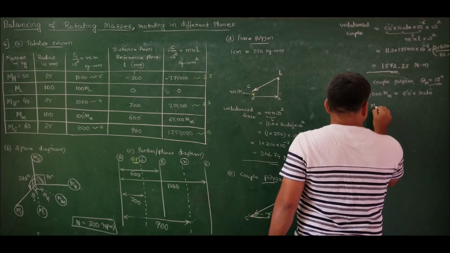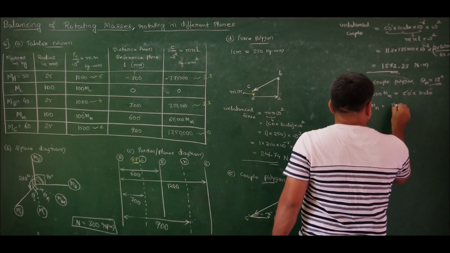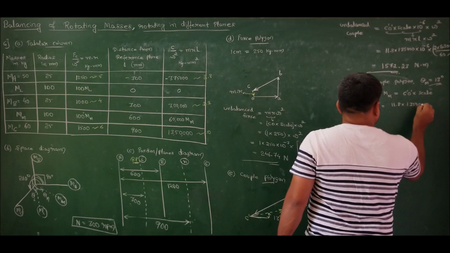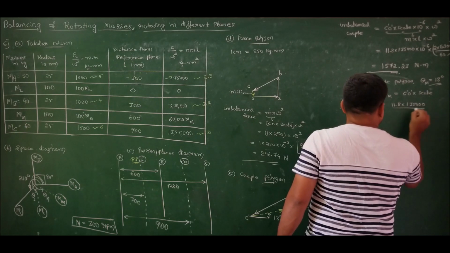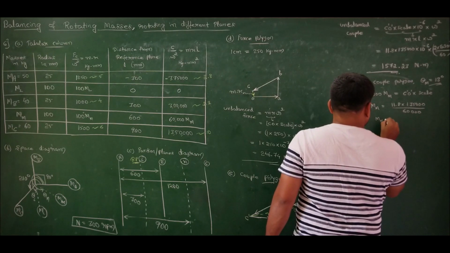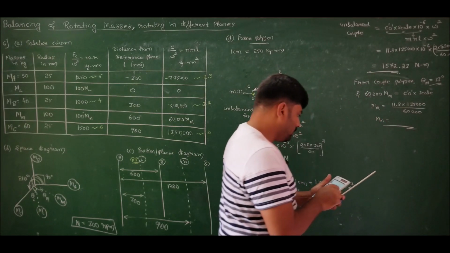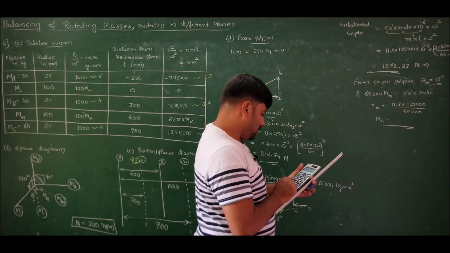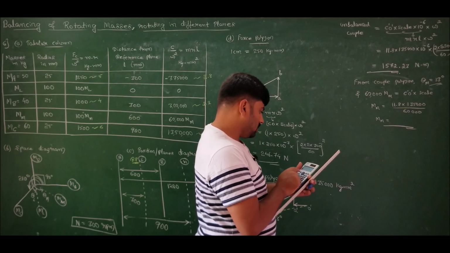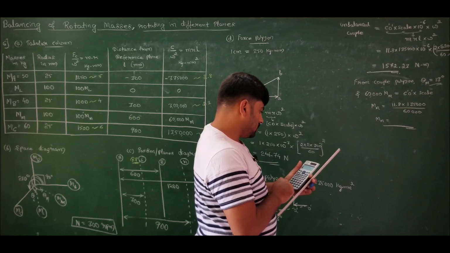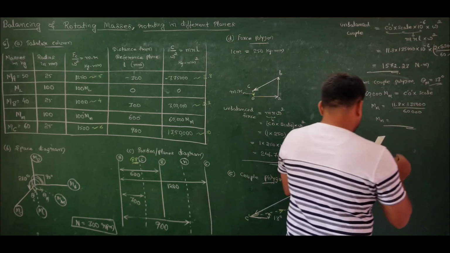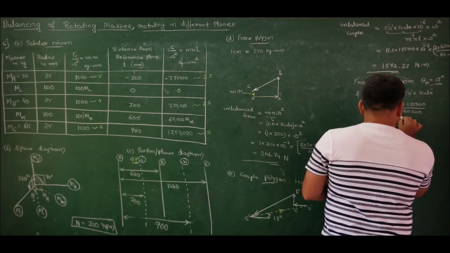Therefore MM is equal to 11.8 into 1,35,000 divided by 60,000, which is nothing but 26.55 kgs.